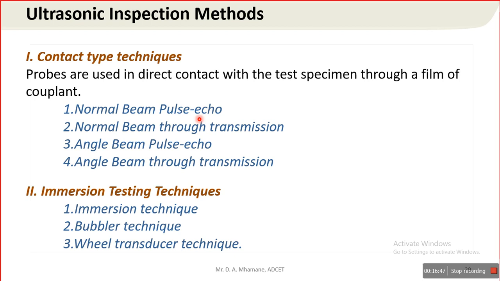One is for transmission, another is for receiving the ultrasound. So these are the four types in contact type technique. In case of immersion testing technique, there is the basic immersion technique, second one the bubbler technique, and the next one the wheel transducer technique. We will see one by one.